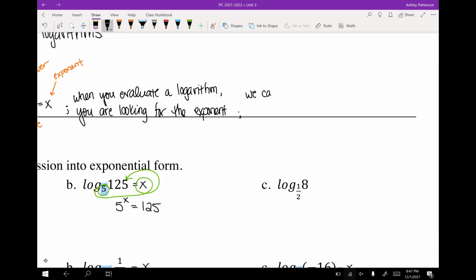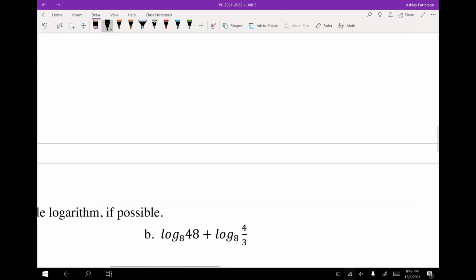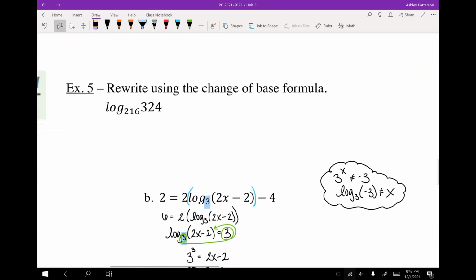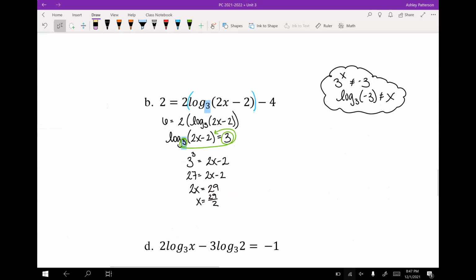We can never take the log of a negative number. And once again, the reason is because you can't raise a positive base to an exponent to some number and get a negative result. So the same thing, if we were to rewrite it in log form, applies.